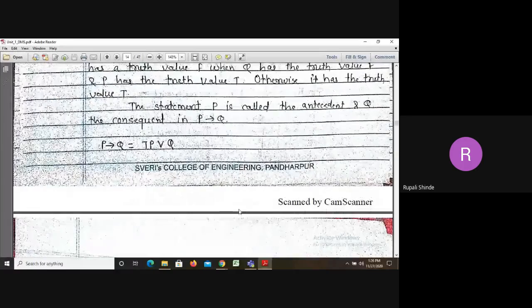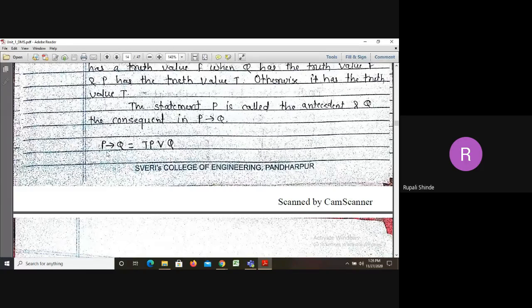Now, if you observe this formula, P conditional Q, P is called the antecedent. Why? Because this is the first variable in this formula, and Q is called the consequent. So these are the two terms assigned for these two variables. P is antecedent and Q is consequent.